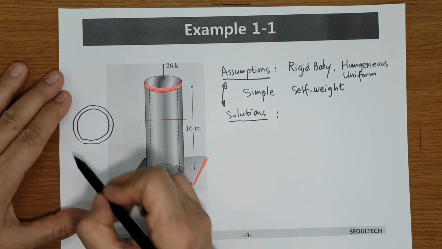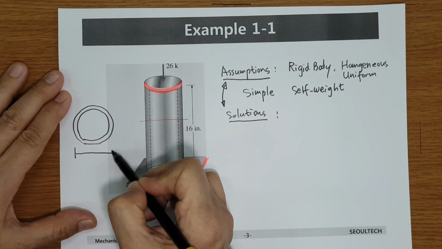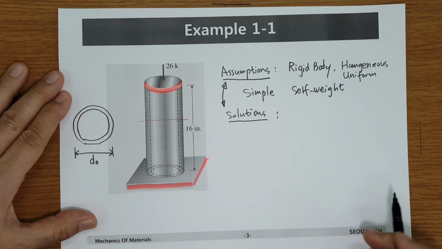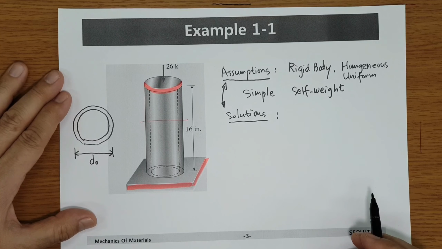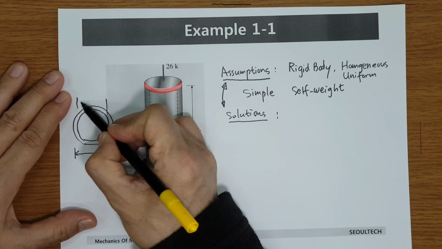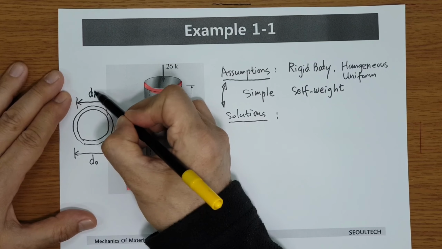Outside diameter, let's say here we do not know the outside diameter, or the inside diameter, let's assume the inside diameter.